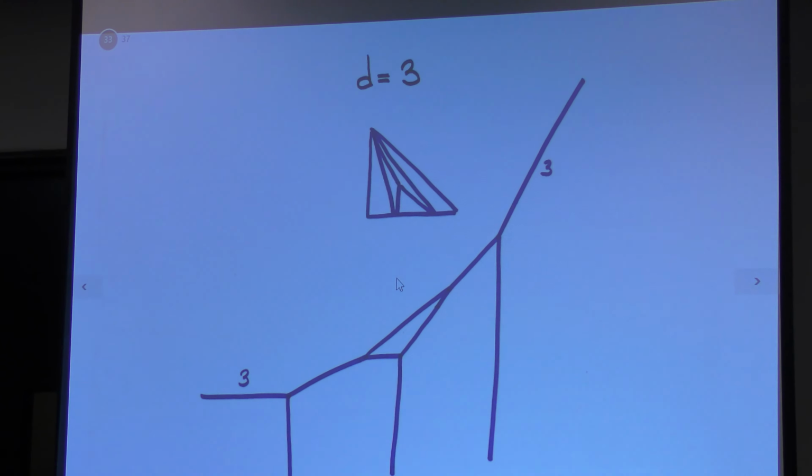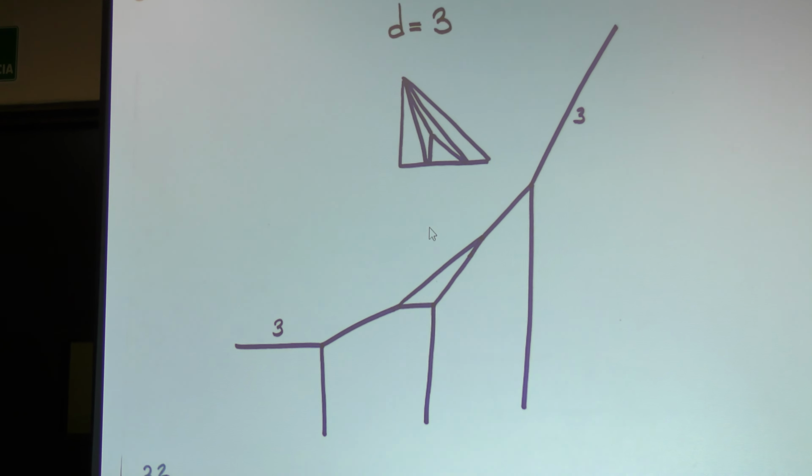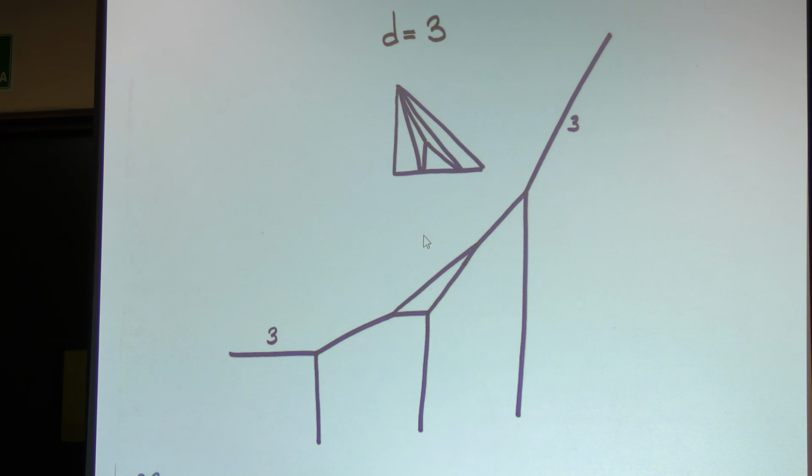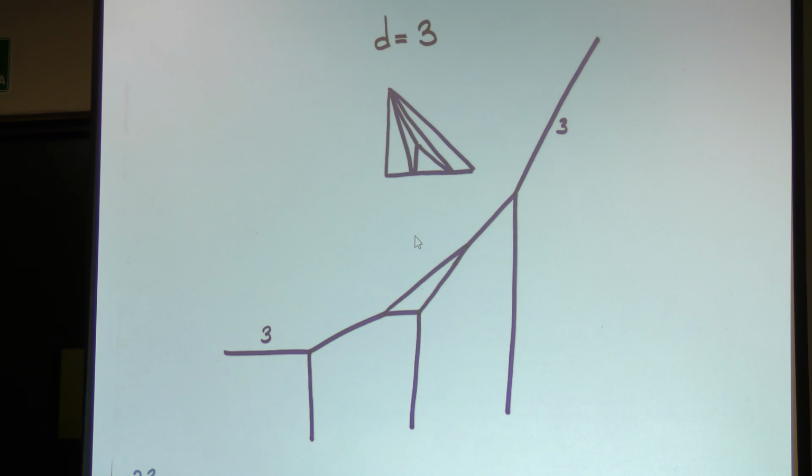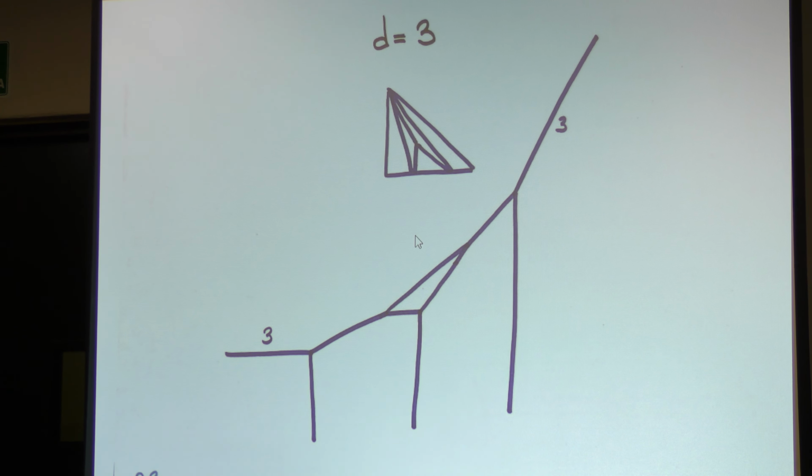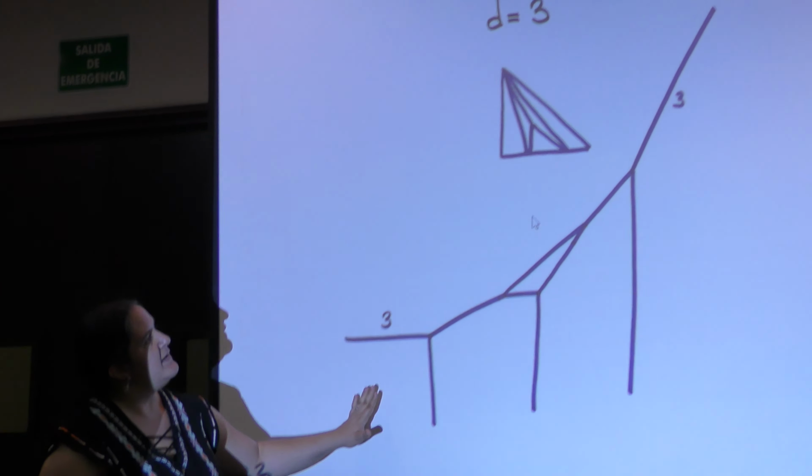Then I'm going to give an idea of our construction. And the construction is, in a sense, in the philosophy of patchworking. We're going to choose a small piece and we're going to copy it as many times as we need. And for d equal to 3, our piece will be this curve.